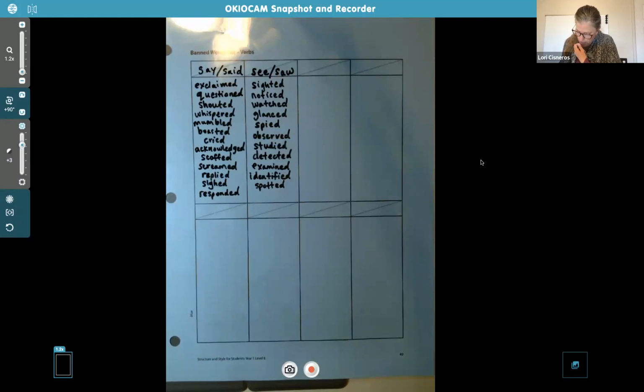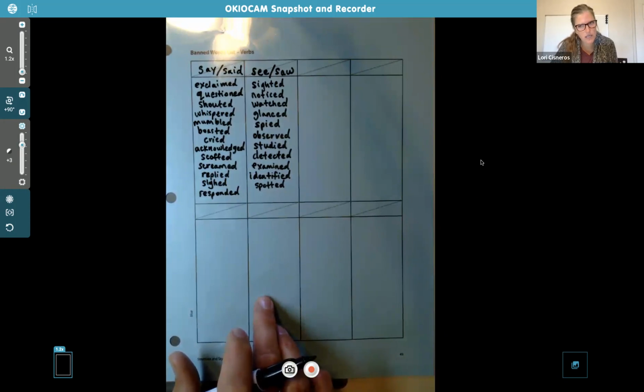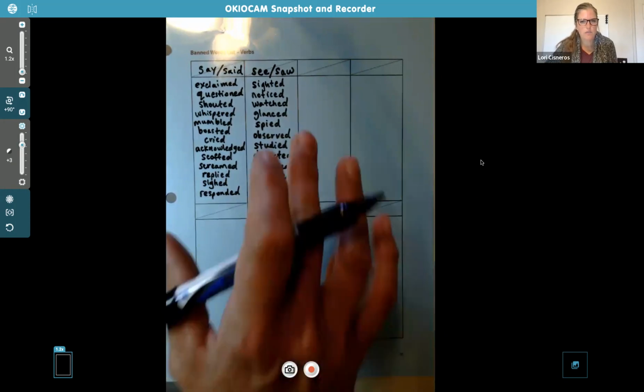Okay, and then we got a little time left. So I'll show you something else here. We're just starting with those, but obviously there's more room on this chart. So keep this one in the front of your binder, okay? And we're going to bring it out again another time and add more banned words.